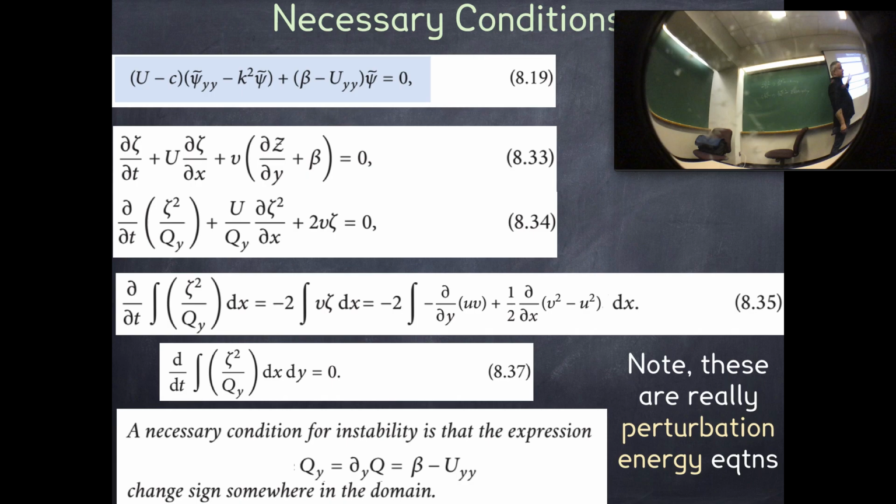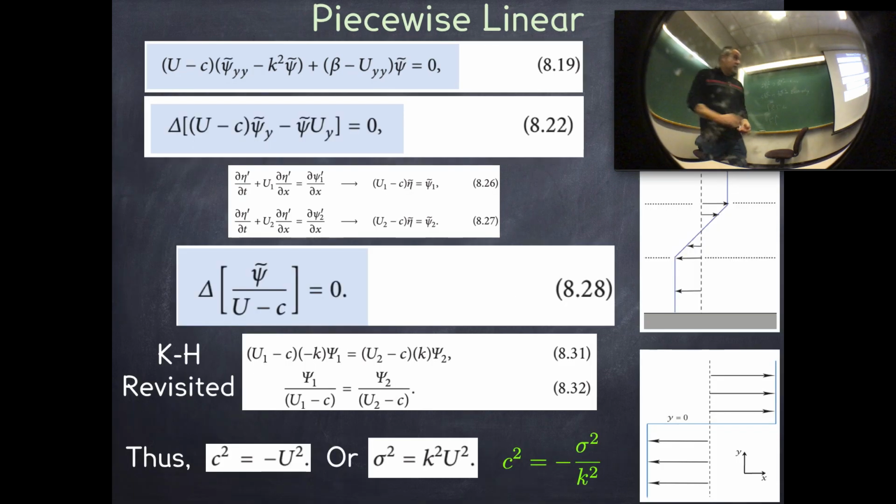So now I'm talking about the integral in x of something that's a perfect derivative of x. From left to right? Well, I don't know. What do we want to say? From 0 to infinity, or if it's periodic, 0 to 2 pi. But in all of those cases, you're getting zeta squared evaluated on the left side and the right side. So let's go back and think about that. No variation in x.